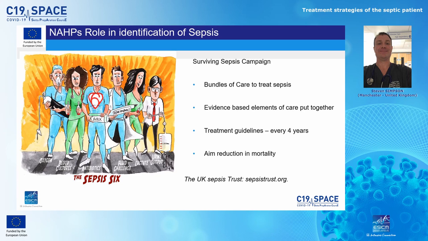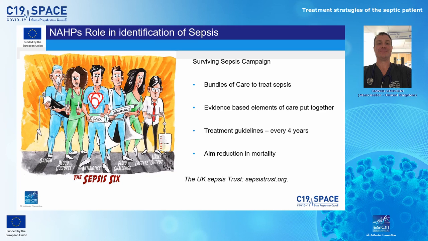To help nurses and allied health professionals identify and treat sepsis in a timely manner, the Surviving Sepsis campaign, which started in 2002, developed bundles of care. These were made up of individual elements that were evidence-based and put together to help treat patients in an appropriate, timely manner.